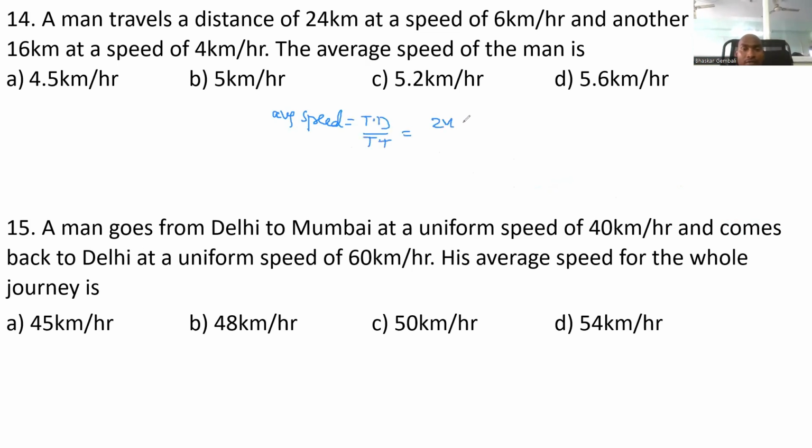Total distance is 24 plus 16, and time equals distance by speed: 24 by 6 plus 16 by 4. 40 by 6 plus 4.